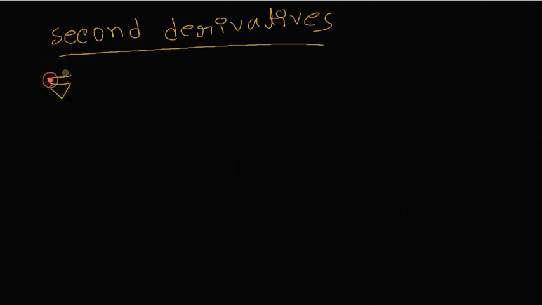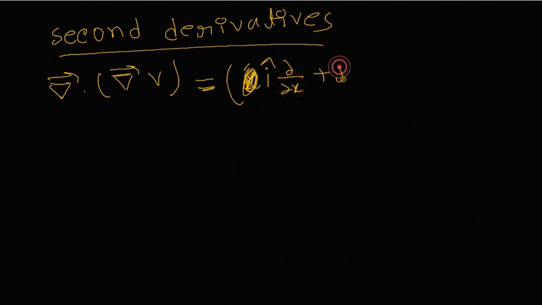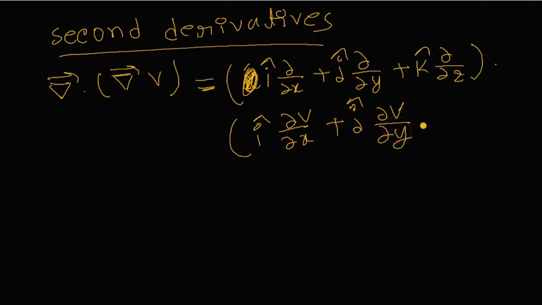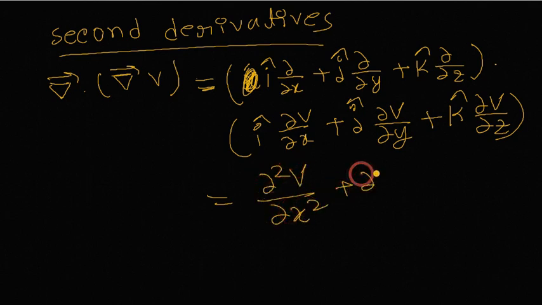So if we take the second derivative of a divergence, we will get i cap del x plus j cap del y plus k cap del z, which will be dot product with grad v, which is i cap del v del x plus j cap del v del y plus k cap del v del z, and we will get del square v del x square plus del square v del y square plus del square v del z square.